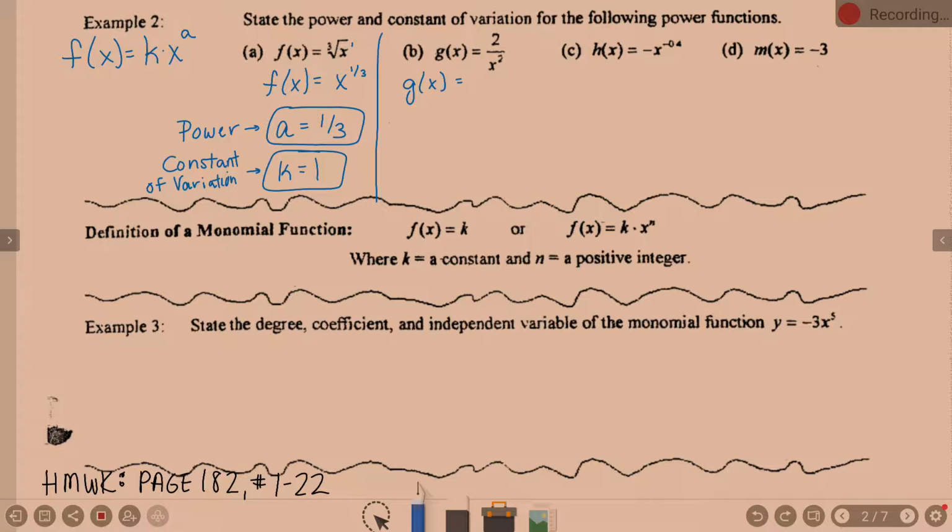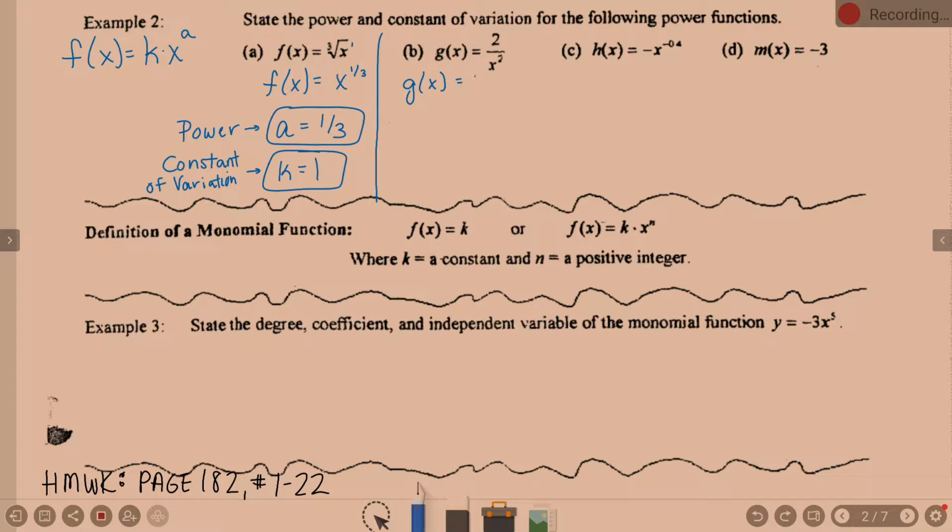Yeah, how to move powers across the fraction bar, we mess with the negative exponent, right? If it's in the denominator positive, to get it out of the denominator, we bring it to the numerator as a negative. Just like if it was in the numerator as a negative, how do we get rid of a negative exponent? We move it to the denominator. Does that sound a little familiar?